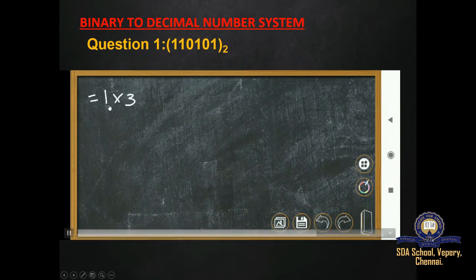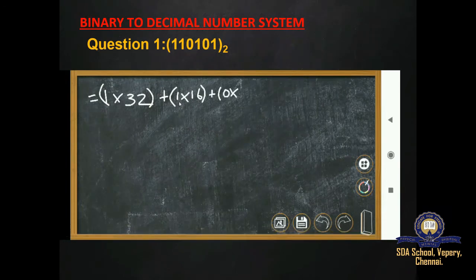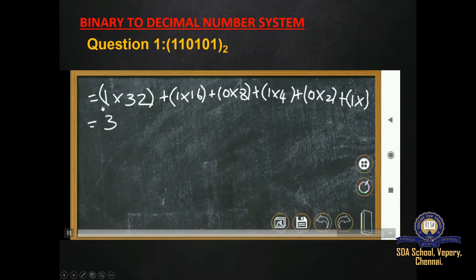The first value is 1 into 32 plus 1 into 16 plus 0 into 8 plus 1 into 4 plus 0 into 2 plus 1 into 1. These first numbers are the binary numbers and the second numbers are the values which we get from the powers. This is the third step.